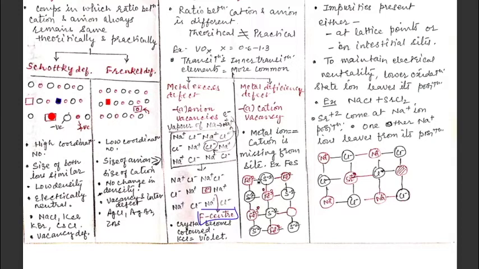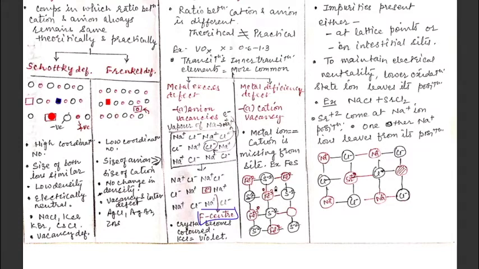In a crystal of such type of compounds, some of the cations, if missing from their position as shown in the diagram, it is the crystal of iron sulfide in which Fe+2 and S-2 ions are placed side by side. If in this crystal some of the Fe+2 ions, for example 3, 1, 2 and 3 are missing from their position, then +6 charge is less as compared to minus charge.